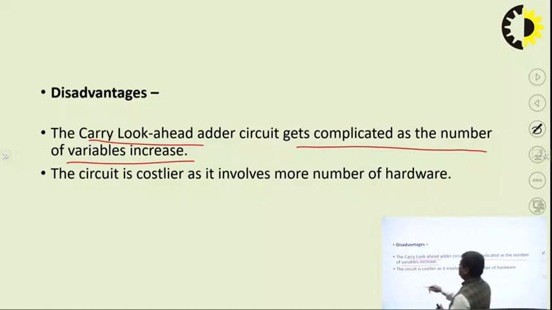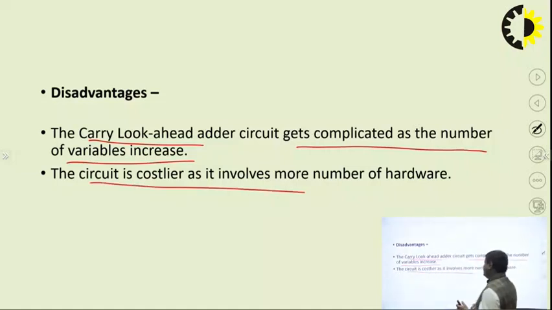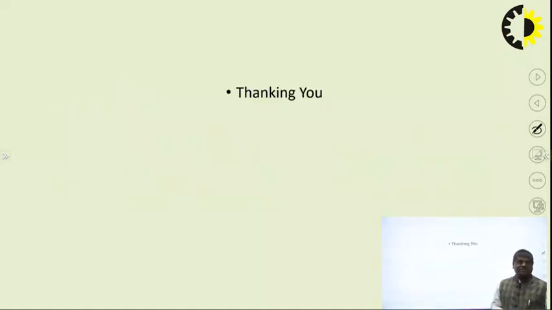This circuit diagram is very complicated, so this circuit diagram is very costly in terms of hardware. But the main advantage of this carry Lookahead adder is to remove the delay and increase the speed for all the operations. There are some disadvantages, it does not matter, but the main advantage is to remove the carry delay.